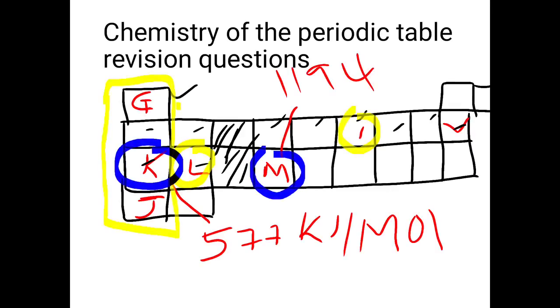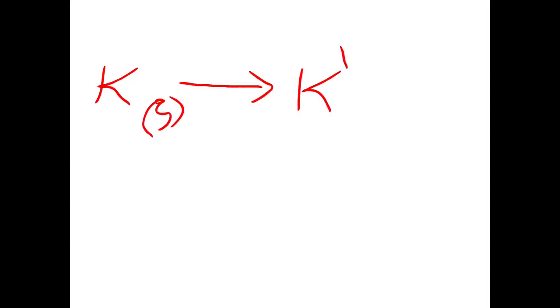So in this case, if we were to start with K, we are saying that it must be in gaseous state. We have K as a gas. It will lose an electron to form K plus, which is a gas, plus now the electron that is lost, and then you're supposed now to indicate that there is energy here.